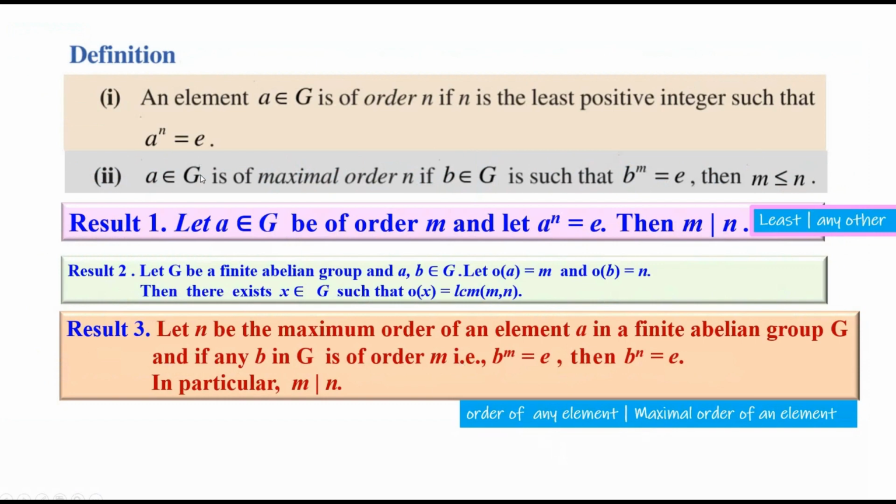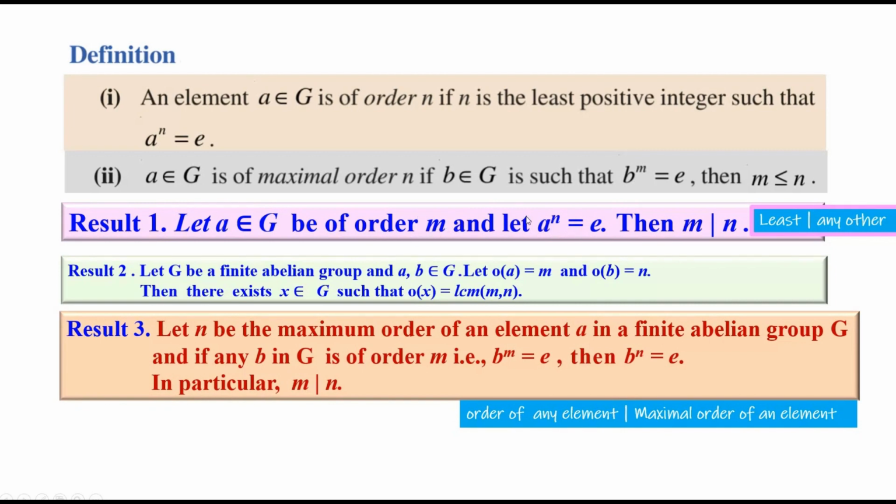Now next we have the definition of order of an element, which we are already familiar with, and the maximal order. So these two definitions, and corresponding to them we have two results. Whenever A is an element of G of order m and there is some other integer n for which A power n is E, then what is the relation between m and n?